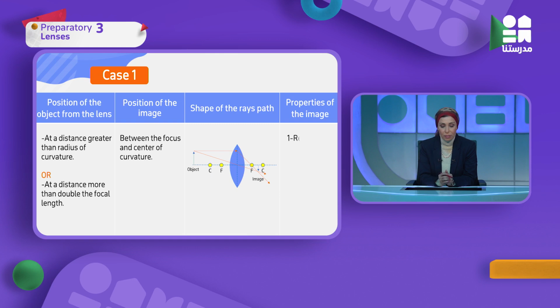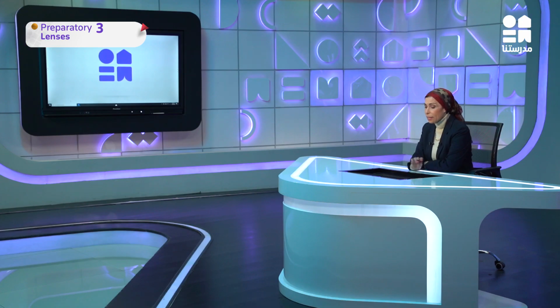Yes, it's inverted. If it's inverted, is it real or virtual? Yes, actually it's real, I can take it on a screen. Look at the size: it's minimized, much smaller than the real object. So I can predict the properties without any difficulty. I don't need to memorize them. I will see the image that forms and then write the properties from the image I made. Okay, this is the first case.